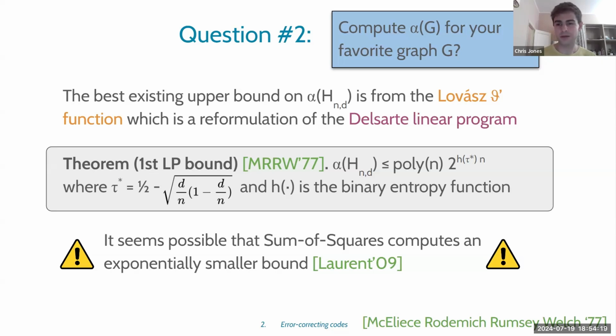In particular, sum of squares can reason about and understand hypercontractive inequalities. This is one of its key aspects, which are a type of geometric statement about the hypercube. These are not captured by the Lovasz theta function. So we hope that by taking advantage of these higher order geometric properties of the hypercube, sum of squares might be able to prove a stronger bound on the rate versus distance problem.